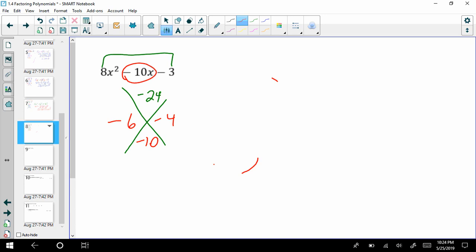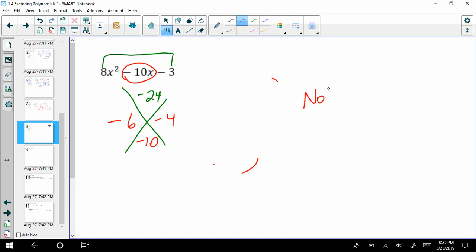And I would say, not quite. Because negative 6 and negative 4 do add to negative 10, but they don't multiply to a negative 24. I'll tell you, there aren't two numbers that add to negative 10 but at the same time multiply to negative 24. So what this means, this problem cannot actually be factored.